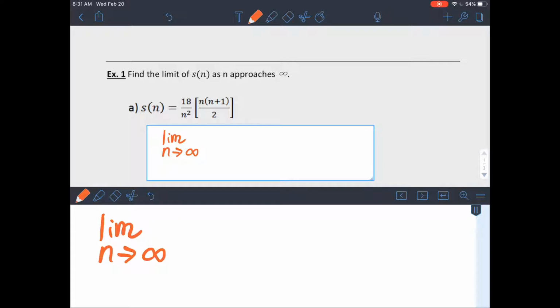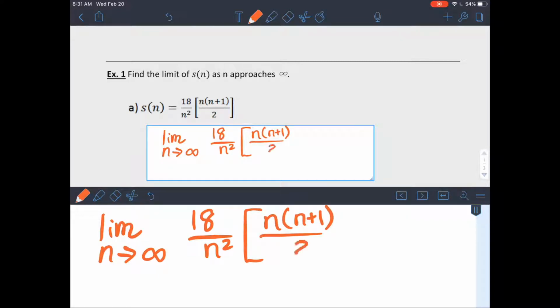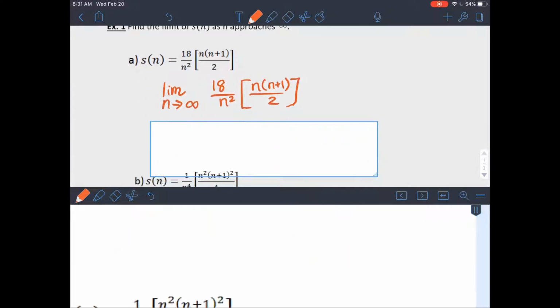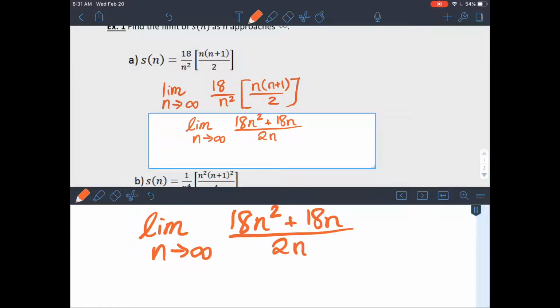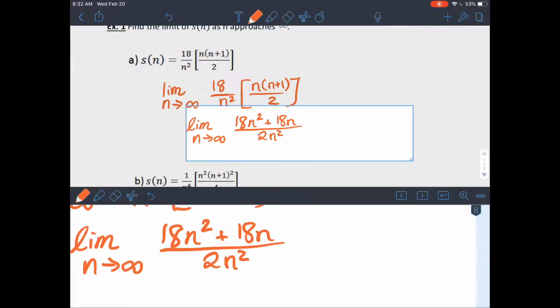If you do the limit as n approaches infinity of this function, which happens to look like some of our summation formulas, you would probably want to multiply some things together. So if you do a little bit of multiplication, and enjoy rewriting that limit notation like 500 times today, you end up with 18n squared plus 18n over 2n squared.